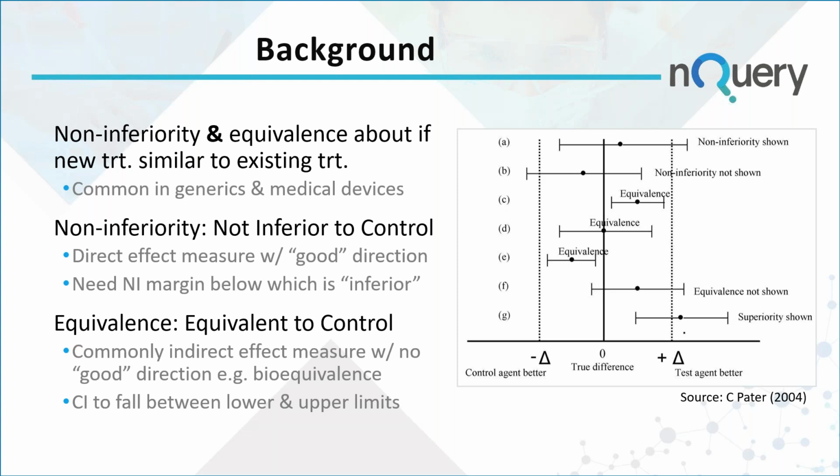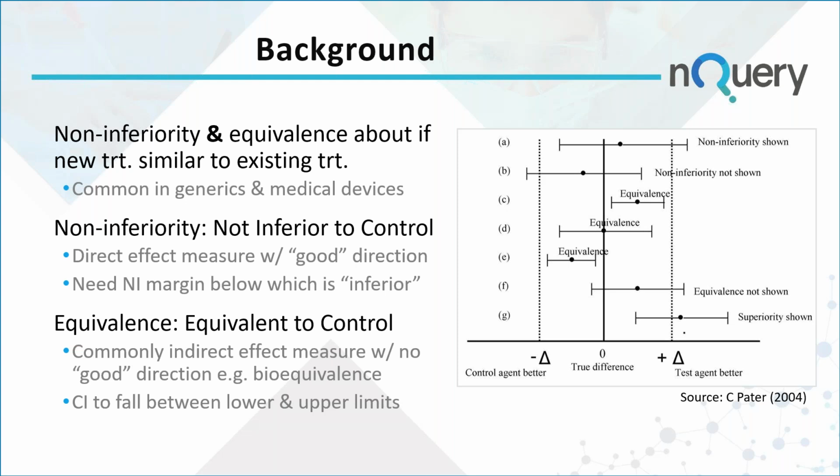So if we're creating a generic medicine, we're much more likely to want the concentration profile to be the same or as similar as possible to the standard treatment or drug of care, rather than wanting it to increase versus the concentrations seen for that drug. And so for bioequivalence and for similar situations, we're now trying to prove that these two treatments are giving the same or equivalent results.